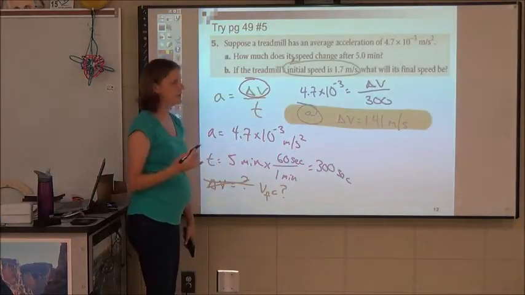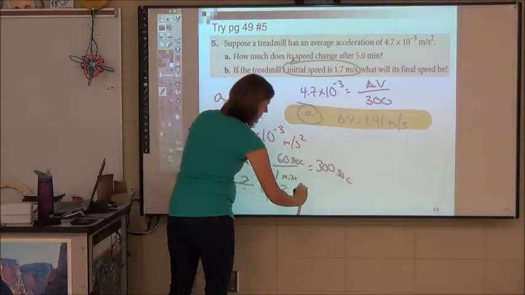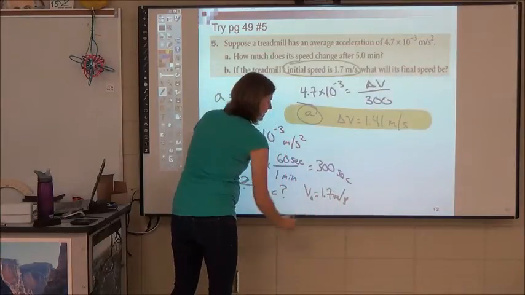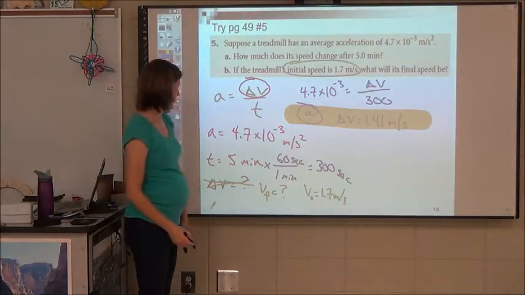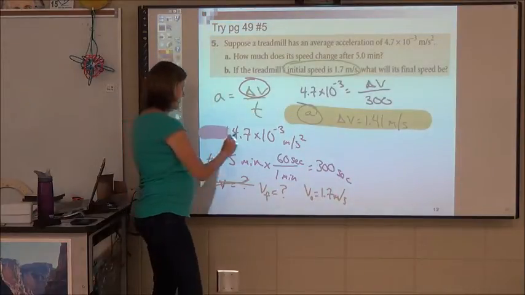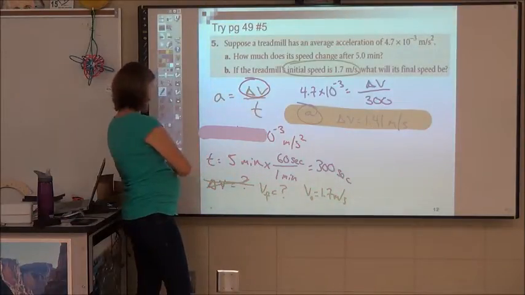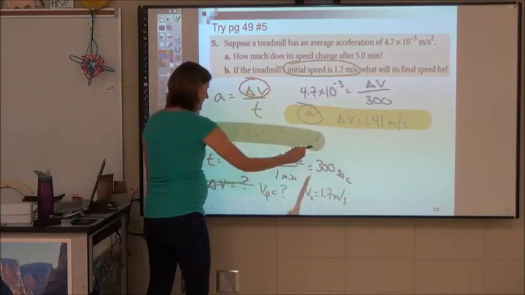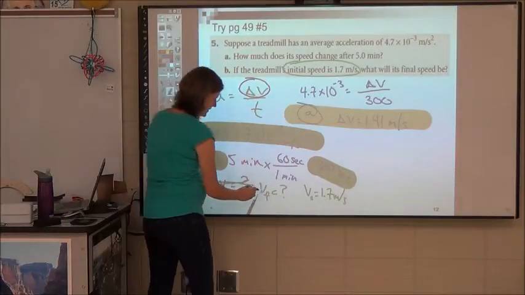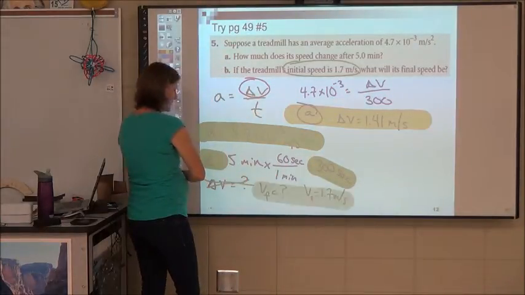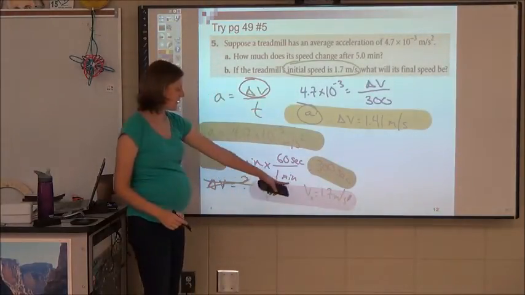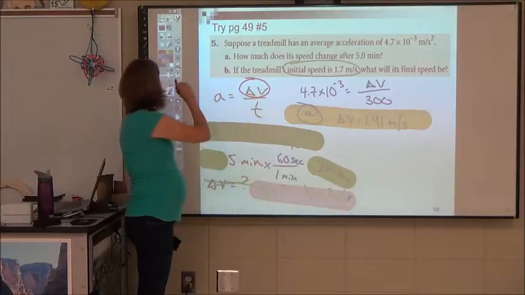So call that V naught, meters per second. So let me highlight that again. I know my acceleration, I know my time, and I want my final velocity, I know my initial velocity.